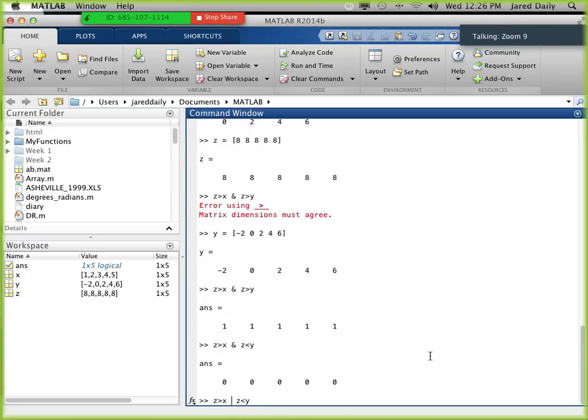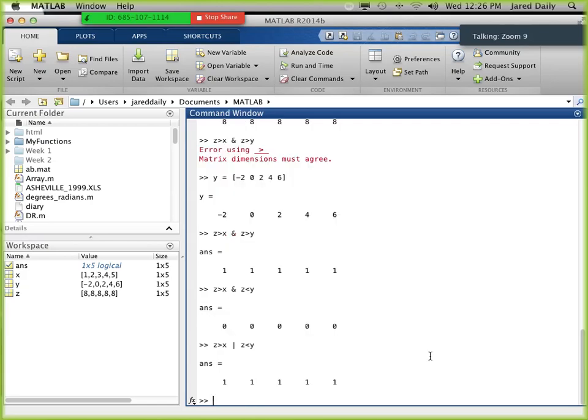So the or operator is the straight up and down bar, which is right above your return key. Should be right above your return key with a shift. That's your or operator in MATLAB. So if we hit that, z is always greater than x. It's never less than y, but it's always greater than x. So one or the other of these will make this true. And so it turns out that the first one always makes it true.